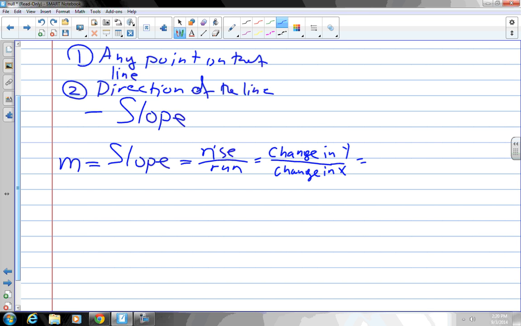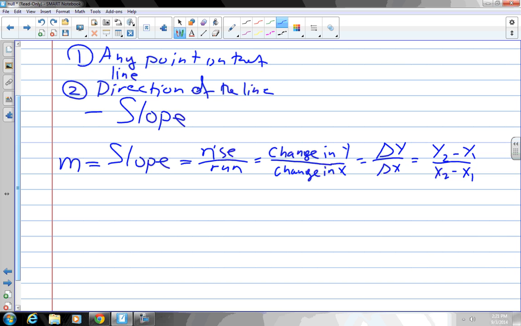Does anybody know a fancy math symbol for change? Yeah, the capital delta, very good. So it's delta y over delta x. Or given 2 points, it's y2 minus y1 over x2 minus x1. If you actually have 2 points, that's how you compute the slope. Change in y over change in x. Very good.